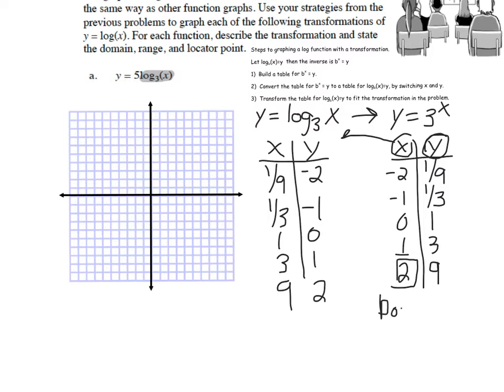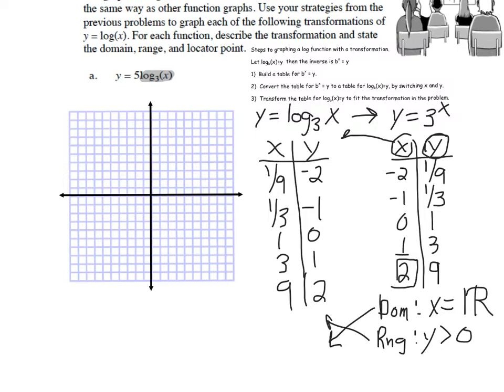My domain over here is x equaling all reals. My range is y greater than 0. And now those will switch for the log base 3 of x. The domain is x greater than 0. My range is y equaling all reals.